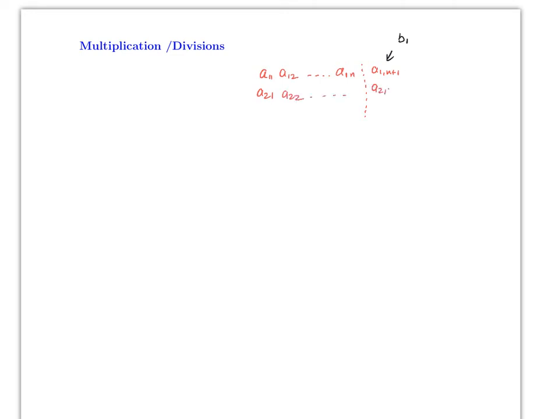This will be A2,n+1, all the way to An,n+1. This keeps going, and this will be An1, and this will be Ann.